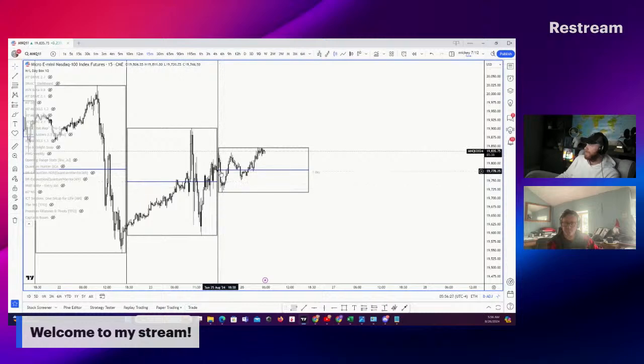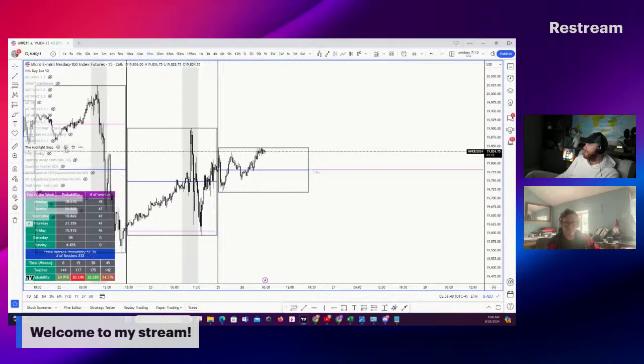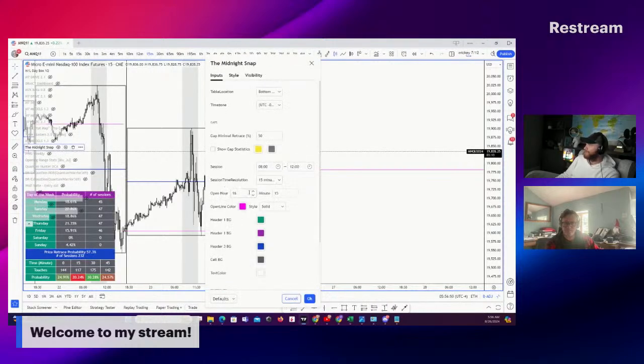One right here. We did a look below and fail for auction theory people, right? And then we did resistance turned into support off of it for the support and resistance kind of style people. So we are seeing rejection off of this. However, we start going into our time-based probabilities.